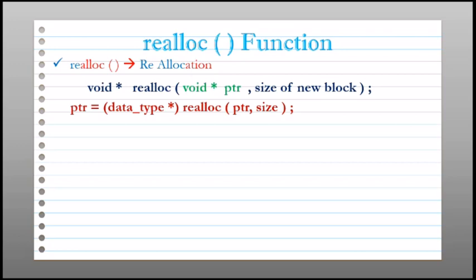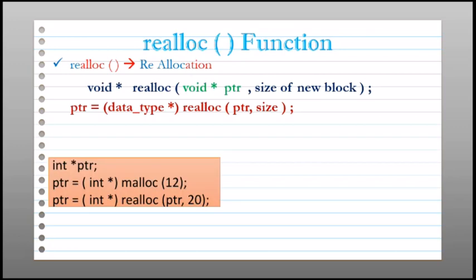Now we will see an example. Here we have declared one pointer variable, PTR. In the next line, by using the malloc function, we have allocated 12 bytes of memory in the memory block. In the third line, suppose we want to extend the allocated memory.